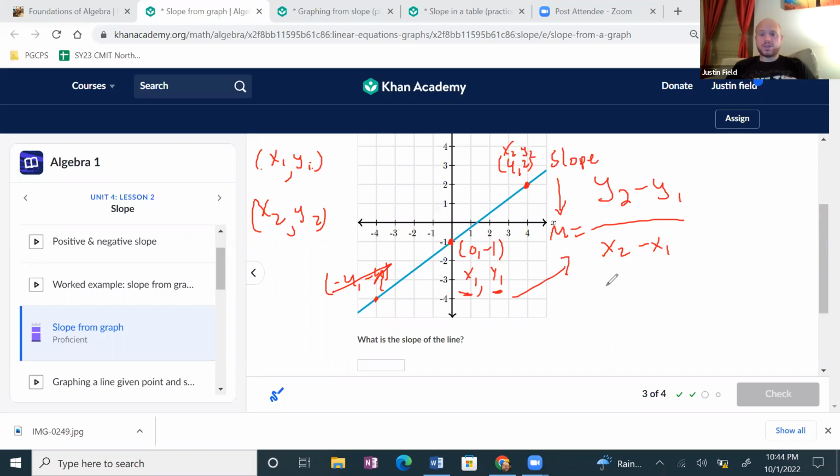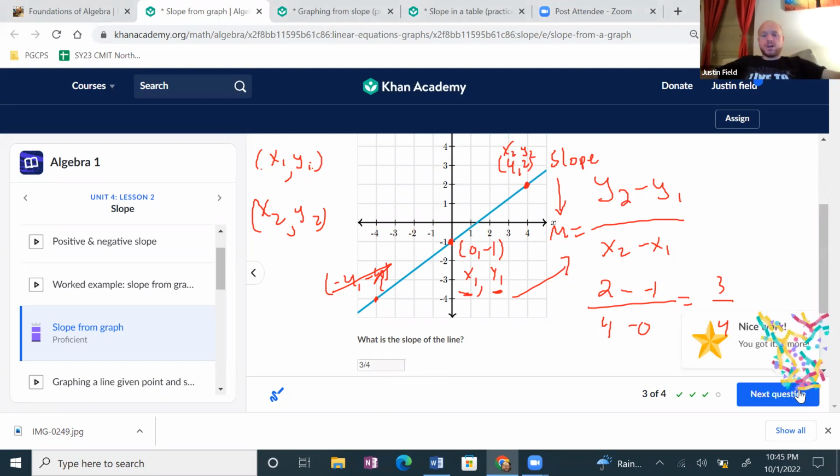So y2 is 2, y1 is -1, x2 is 4, x1 is 0. I do the math, so that's going to be 3 on top over 4. And that's the slope, 3 over 4. Tells me every time the y changes by 3, the x changes by 4. It's a ratio.